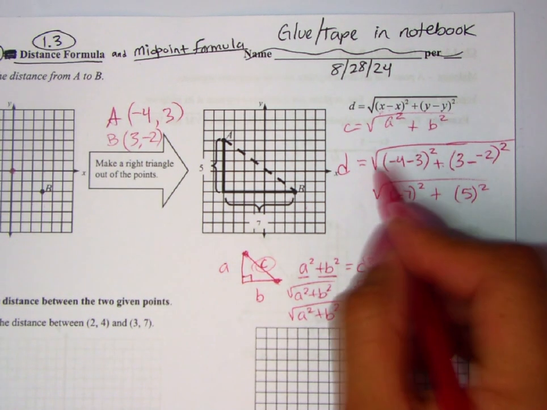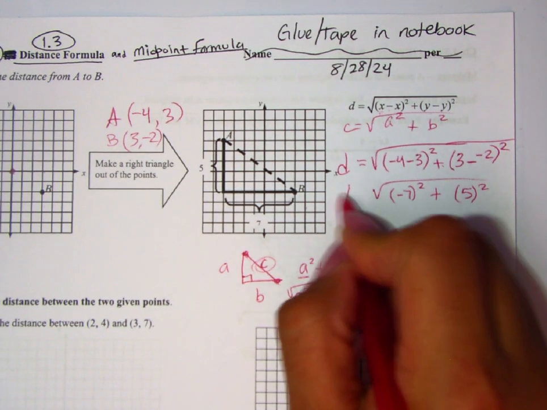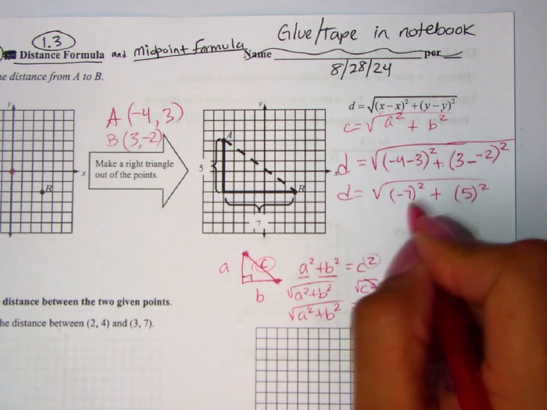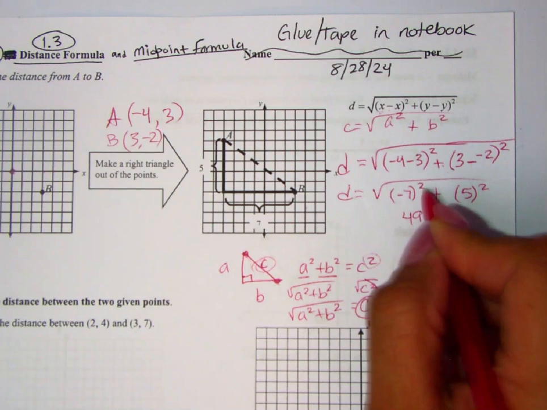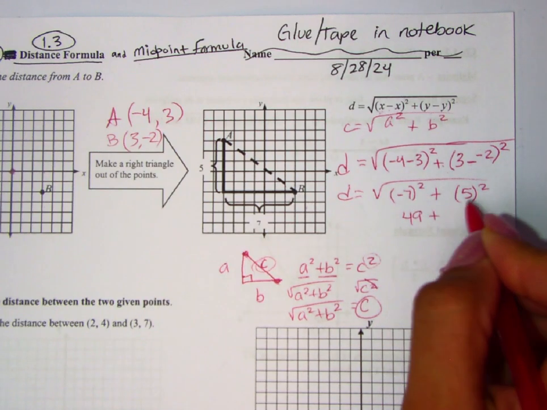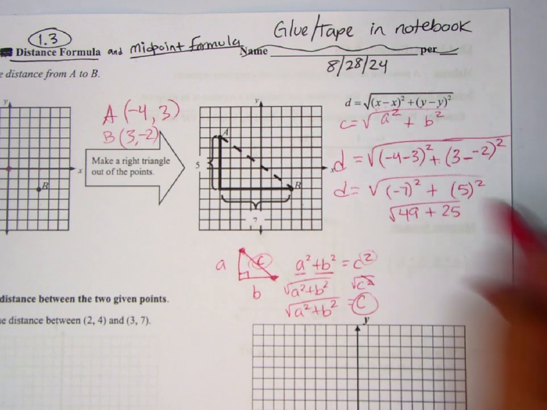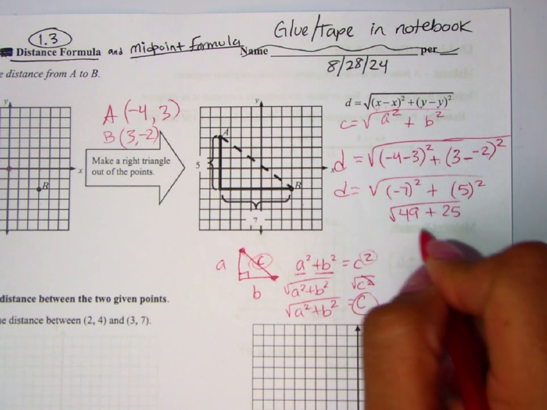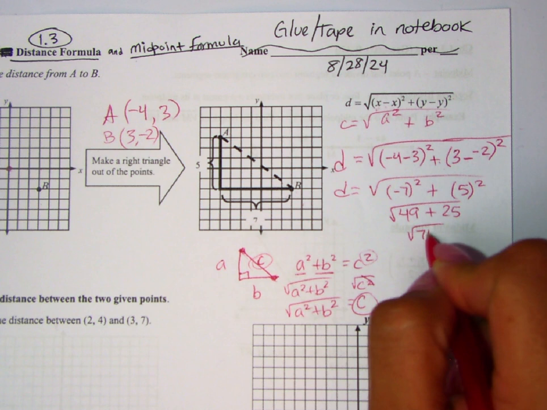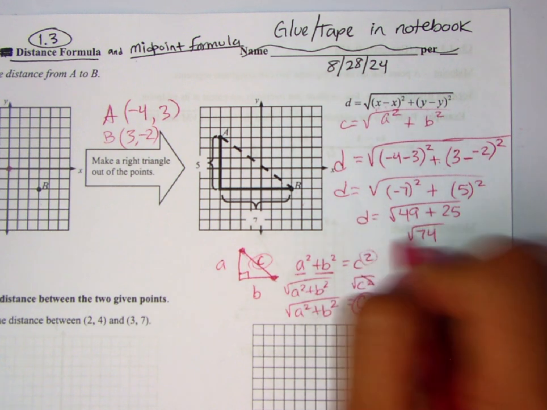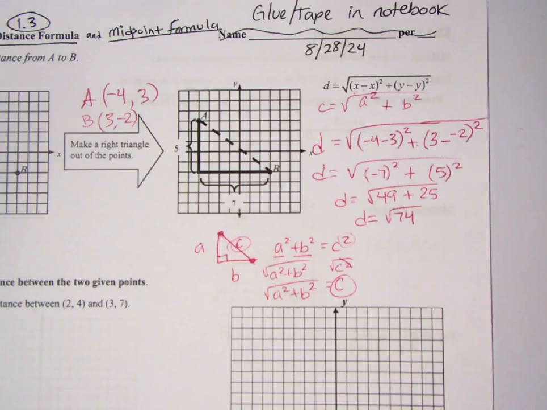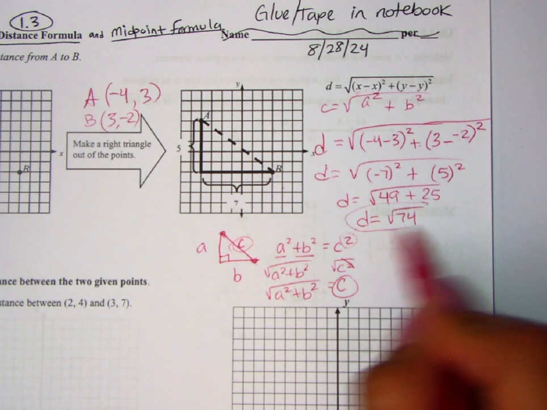To keep simplifying by hand, we're going to do -7 squared, which is 49. -7 times -7 is 49. 5 times 5 is 25. 49 plus 25 will give you the square root of 74. So we can keep going, and then that is the answer.